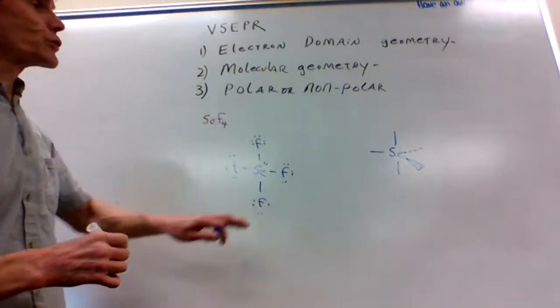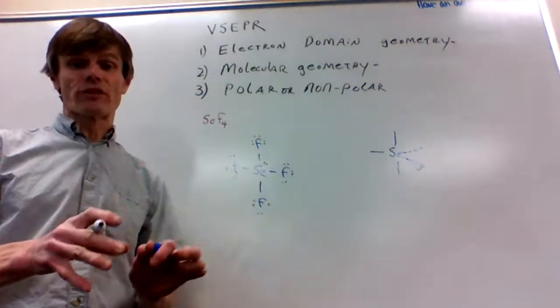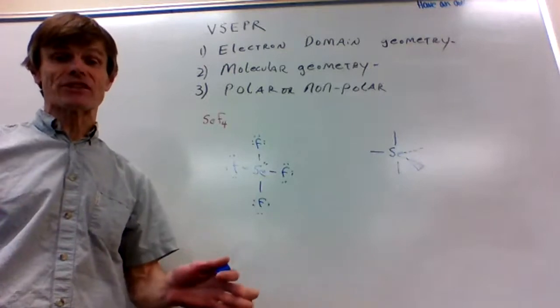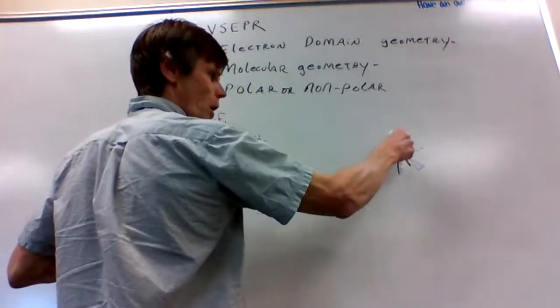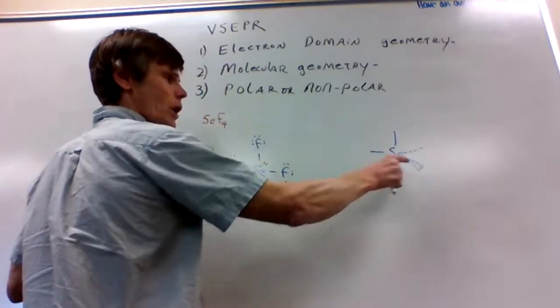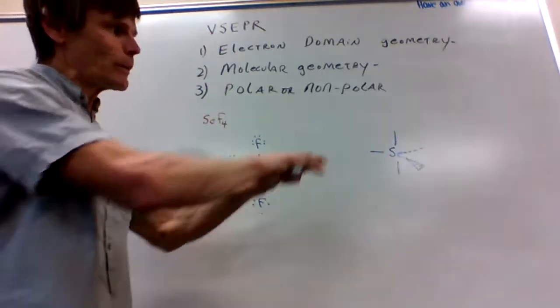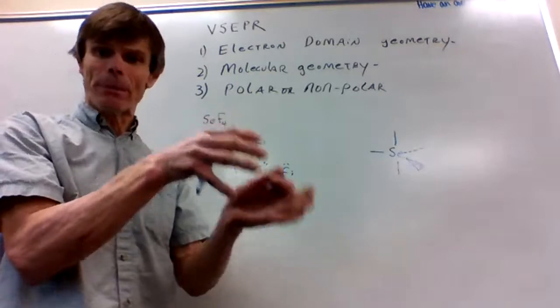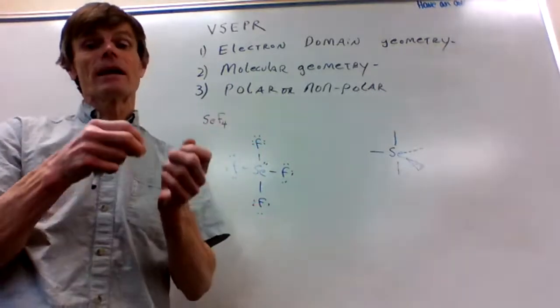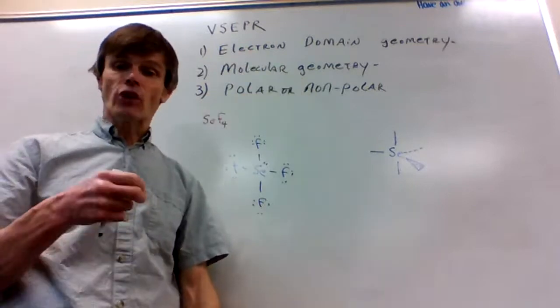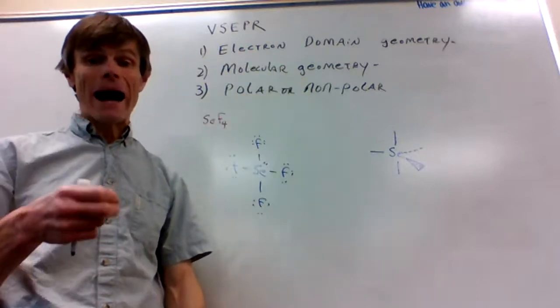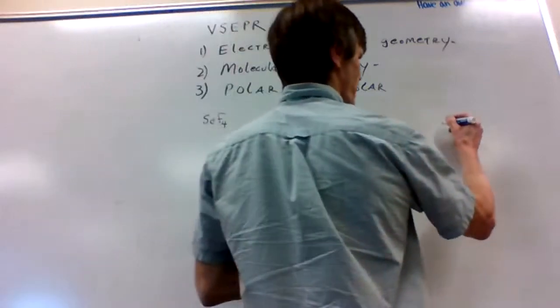The electron domain geometry represents regions of electron density around our central atom. 4 of them are involved in bonding, and we also have a lone pair. And that's how we would distribute electron density about our central atom. The geometry for the electron domain is going to be trigonal bipyramidal.